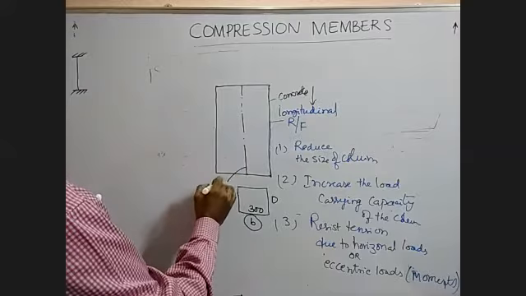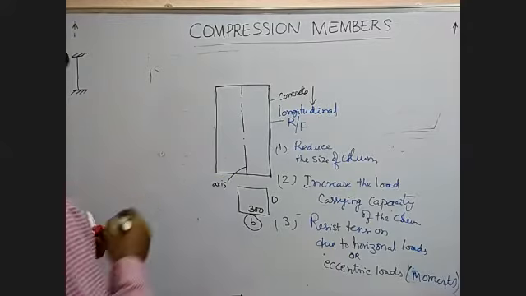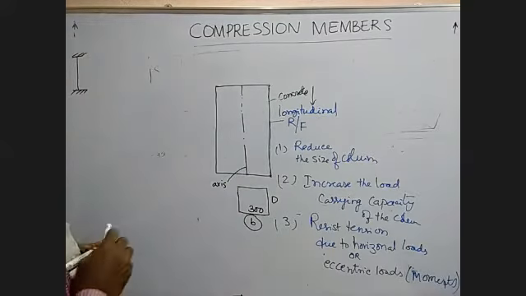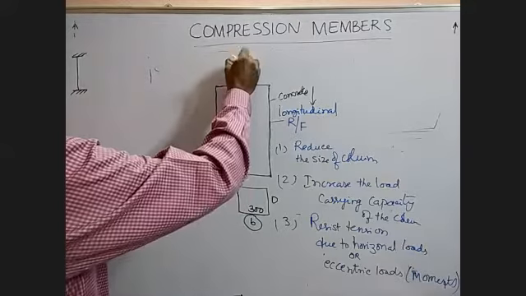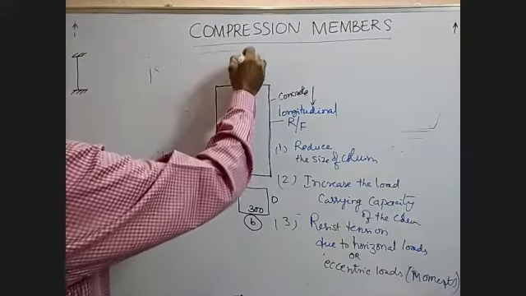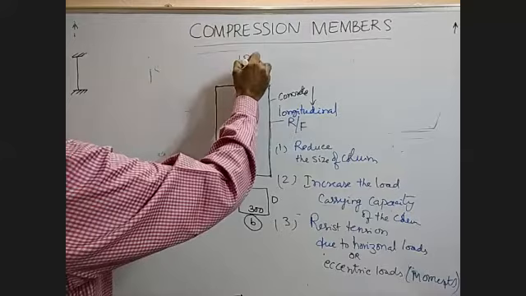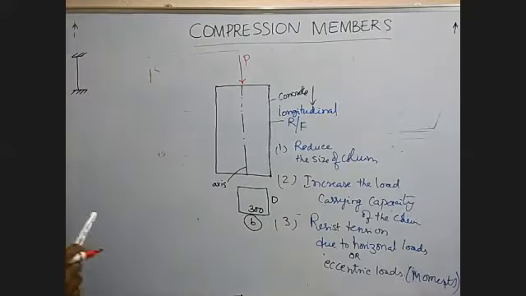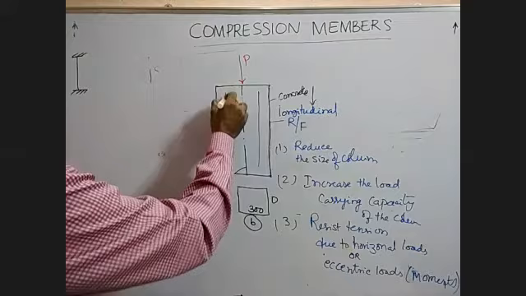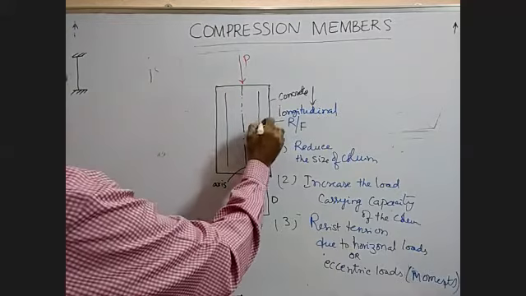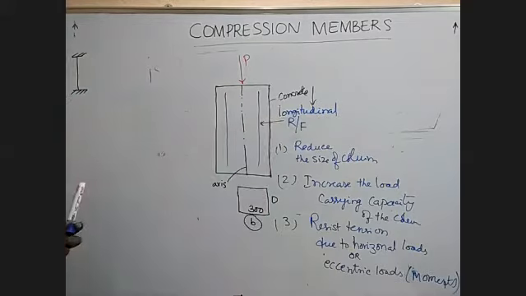This is the axis, and this is subjected to a compressive load, P. The purpose of providing the steel here, like this, is that we call it longitudinal reinforcement.